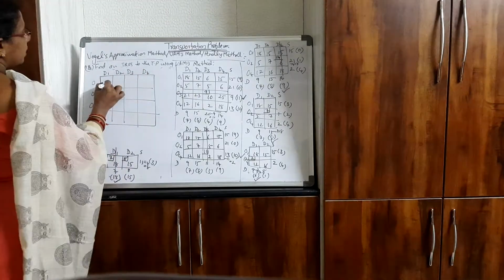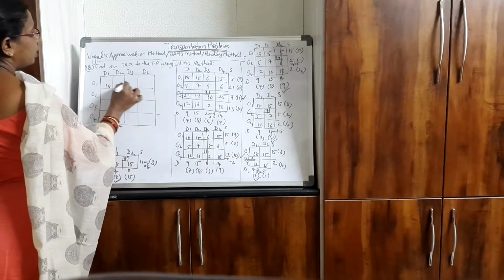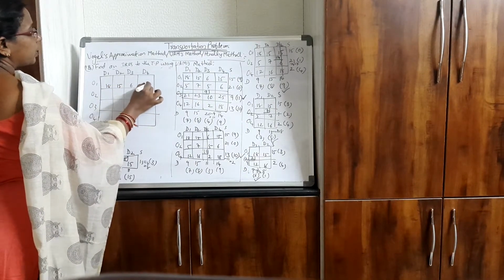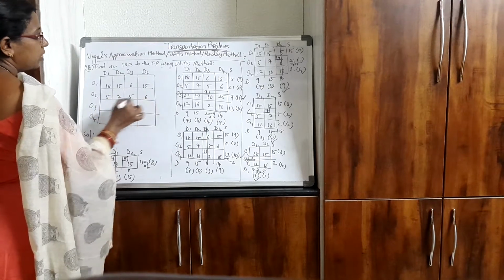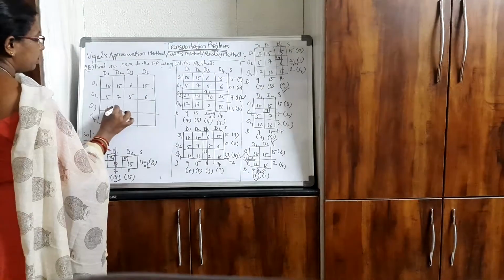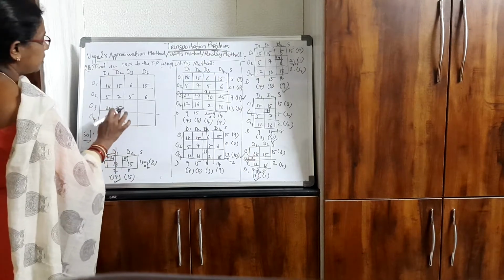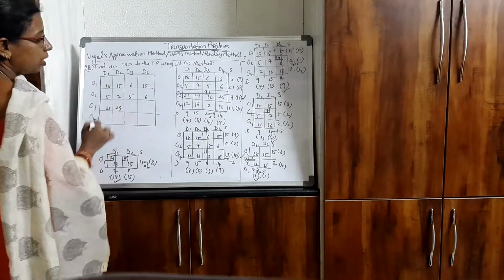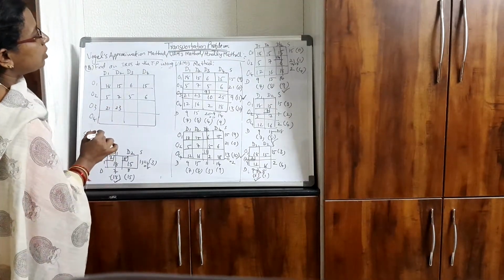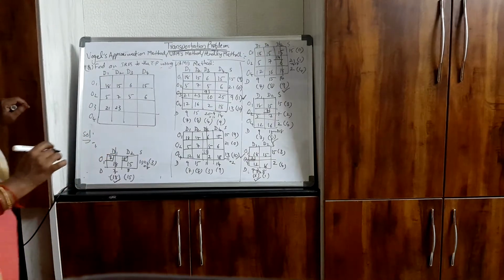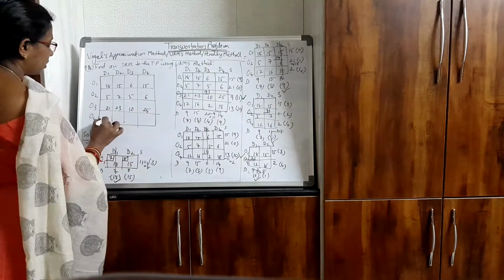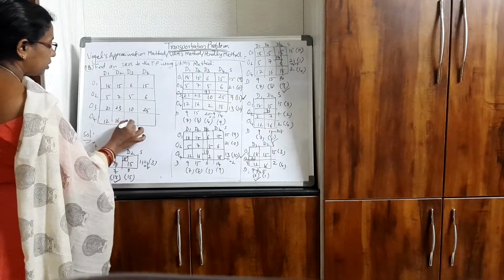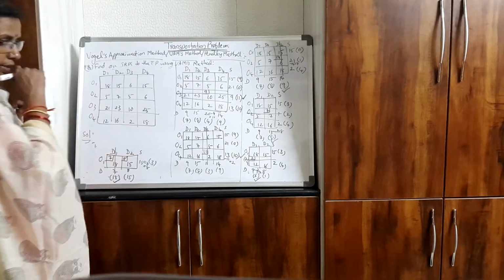So here the values are 18, 15, 6, 15, 5, 7, 5, 6, 21, 25, is it 25 or 23? 21, 23, 10, 25, 12, 16, 2, 18.